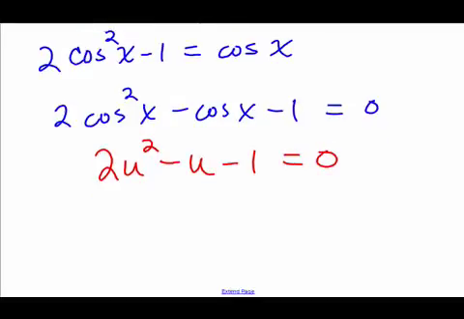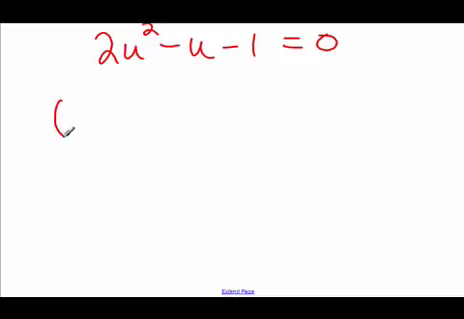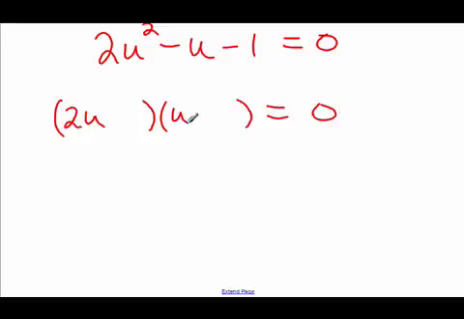Now it's obvious how we can factor that. 2u times u, and I need a minus 1 and a plus 1. The minus 1 needs to get multiplied by 2u to get negative 2u, and positive 1u gives me the negative u in the middle. Yep.